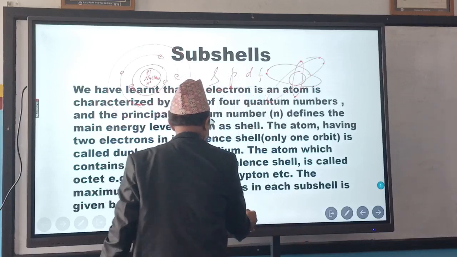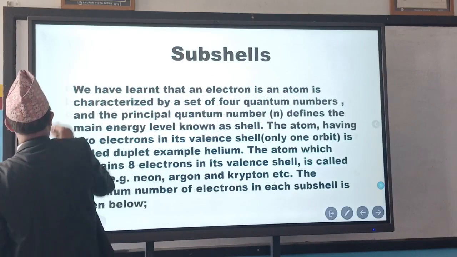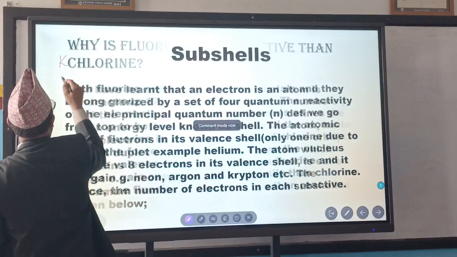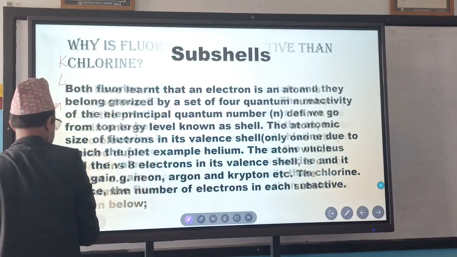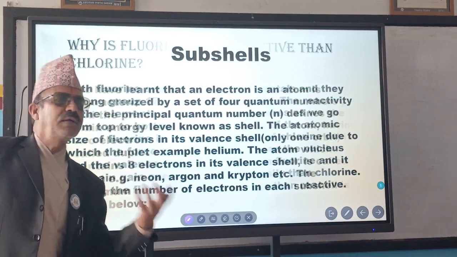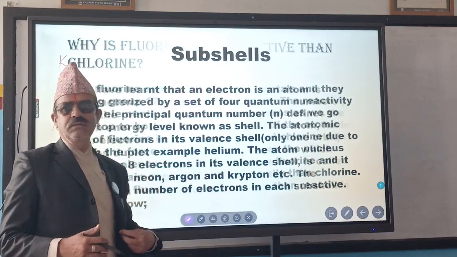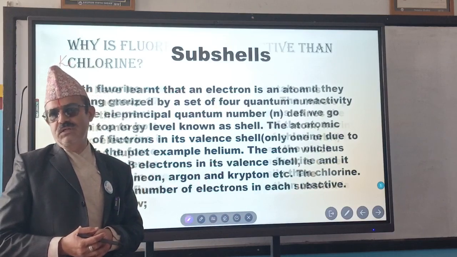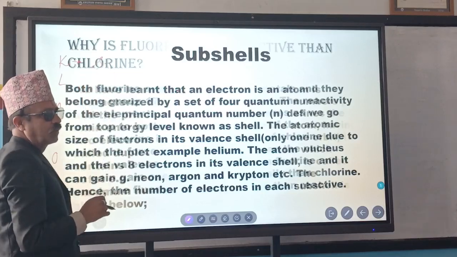But when we talk about those SPDF, now K shell, L shell, M shell, N shell, O shell, P shell, Q shell. I have mentioned here these shells, but what type of subshells do they contain? Do all these shells contain the same subshells or different? So K shell contains only one subshell. What is the name?